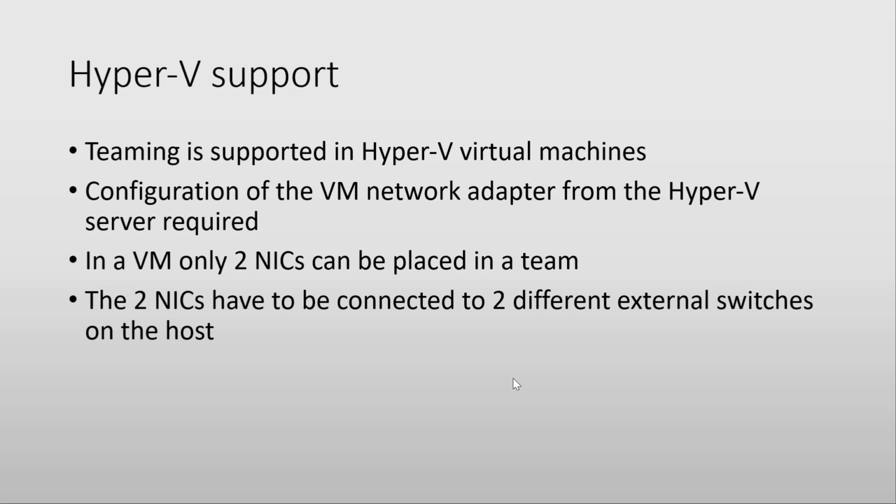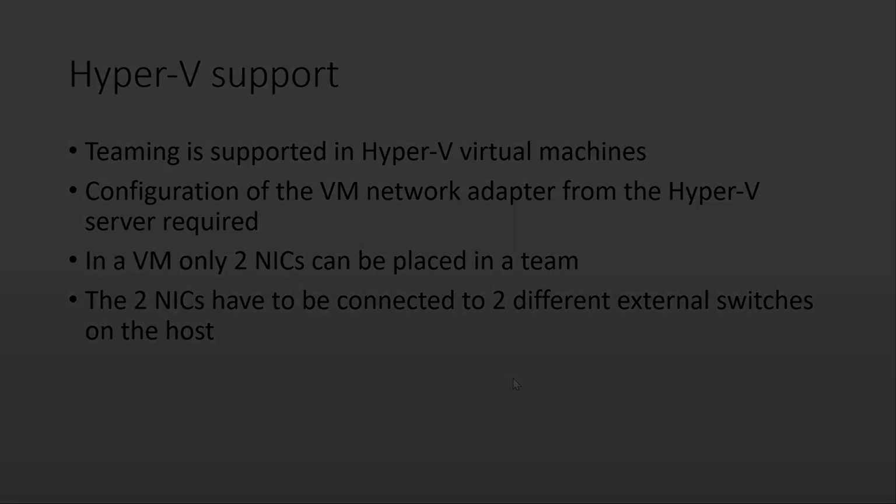There's a setting in the virtual adapter that permits it to be used in a team. Also, if that network adapter is not linked to an external switch, it will not work, the team will not work. And the 2 network adapters have to be connected to separate switches, not in the same switch.